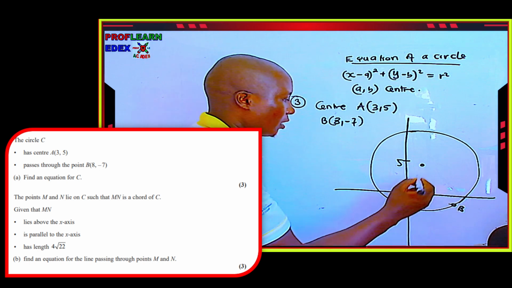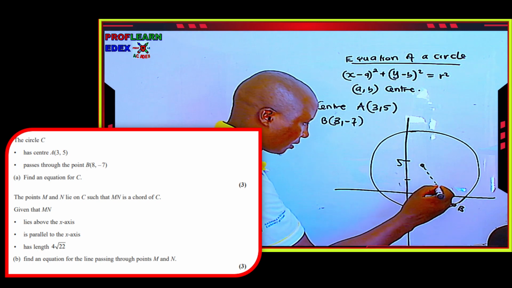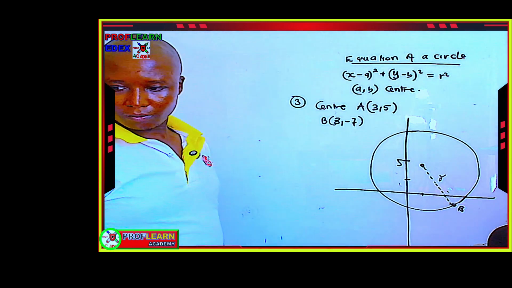This is B. So if we are going to draw this line like this here, it means this is going to be our radius, right?